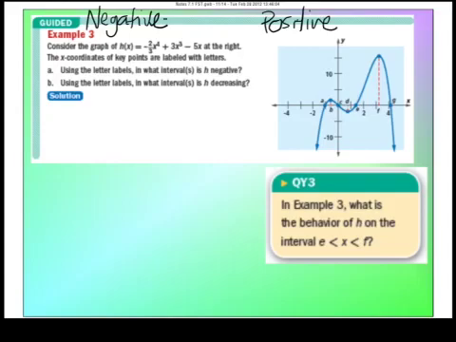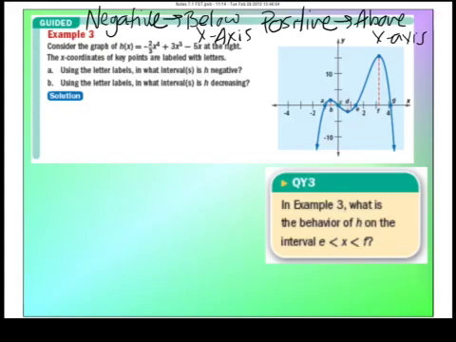It's positive when the y's are positive, so above the x-axis. And it's considered negative when it's below the x-axis. So we are going to want to understand how to find positive and negative and increasing and decreasing on a function. So let's look at this example.